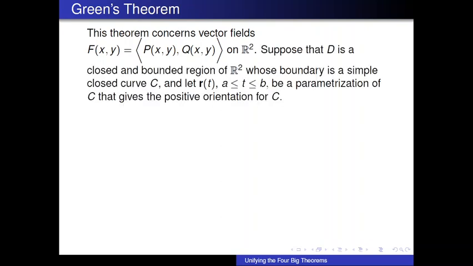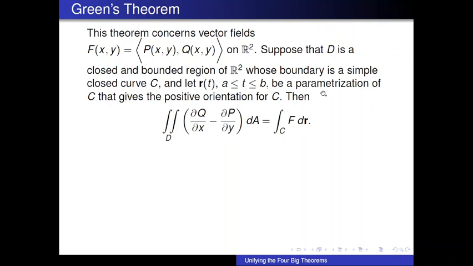So suppose that we had a closed and bounded region of the xy plane whose boundary was a simple closed curve, and we parameterize that boundary by some function, r of t, again, as t goes from a to b. And I think here, to be a closed curve, r of a would equal r of b. Okay, and then we had to make some assumption that that parameterization gave us what they called the positive orientation.